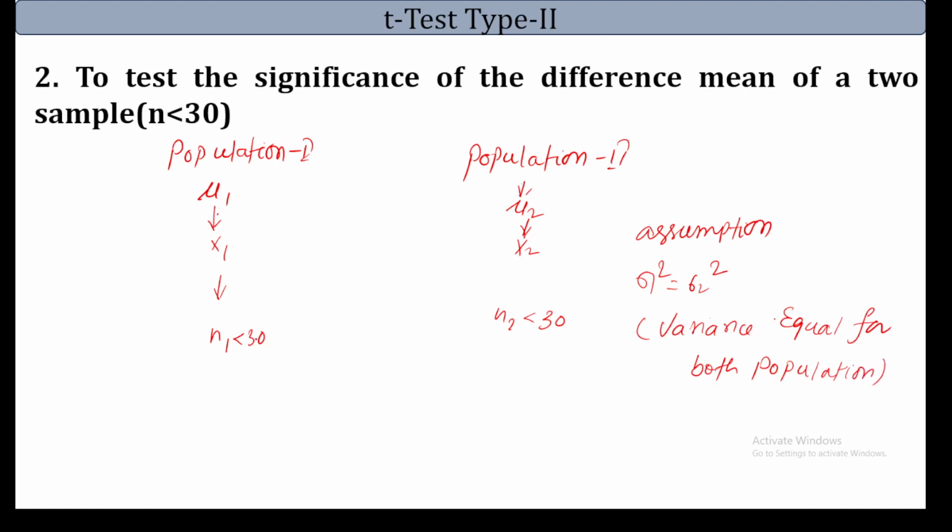So where do we have to start? These will be the steps. Set the hypothesis. Null hypothesis: mu1 is equal to mu2.